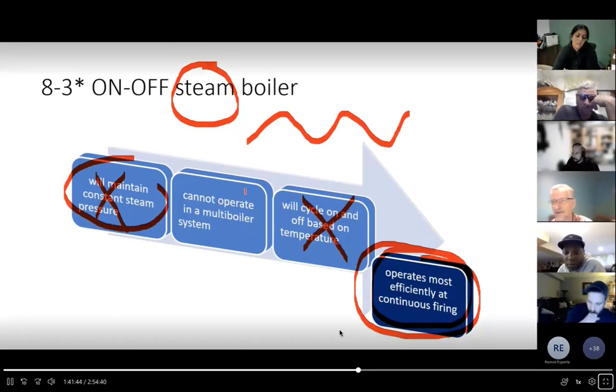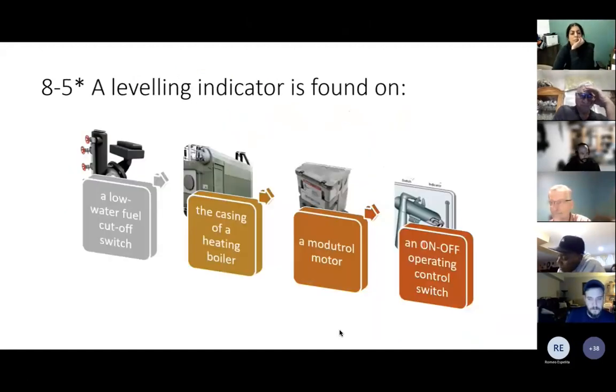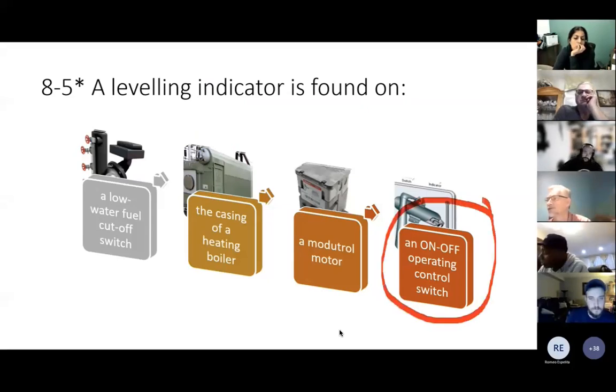And on-off is not the way we operate multiple boiler systems. The best answer: operates most efficiently at continuous burn. Leveling indicator is on that on-off control switch.